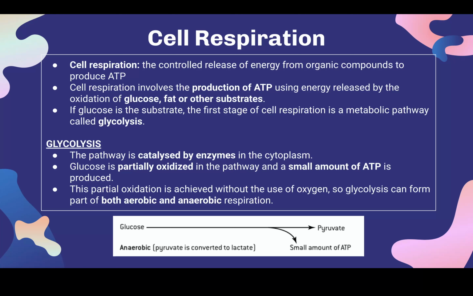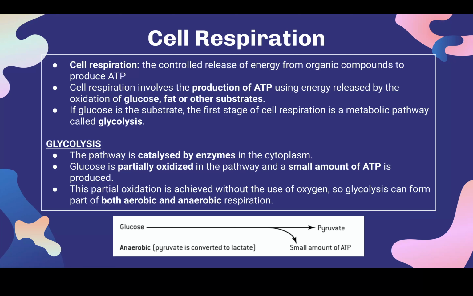Anyway, where was I? Yes, so in glycolysis, basically glucose is partially oxidized, and a small amount of ATP is produced here. Something you need to know about cell respiration is there are certain steps where ATP is produced even before we get to the actual Krebs cycle part of it all. So this is where a small amount of ATP is produced.